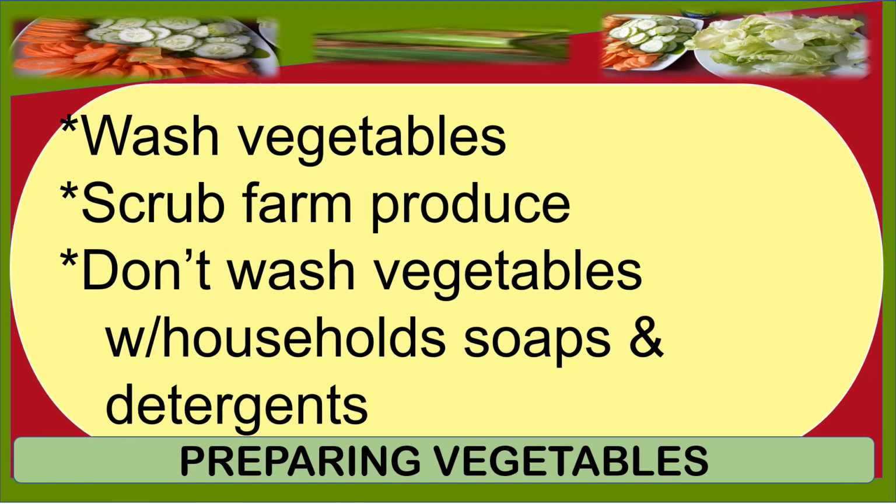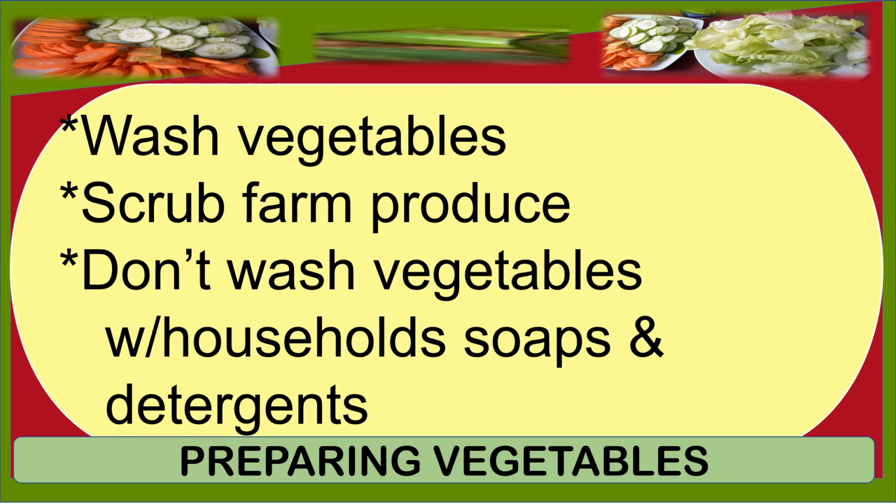Okay, next, wash vegetables with cool tap water. That is to remove the dirt, of course, and the residues. Okay, the next is scrub farm produce with a clean produce brush.